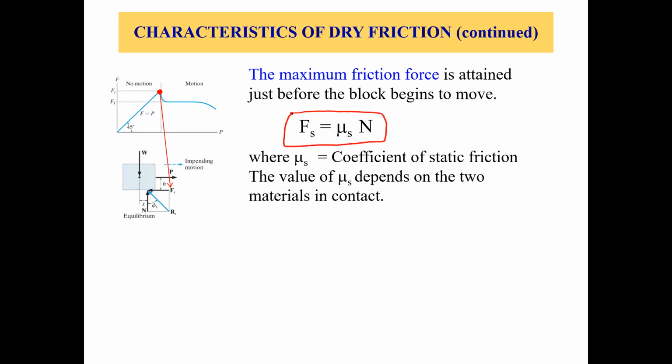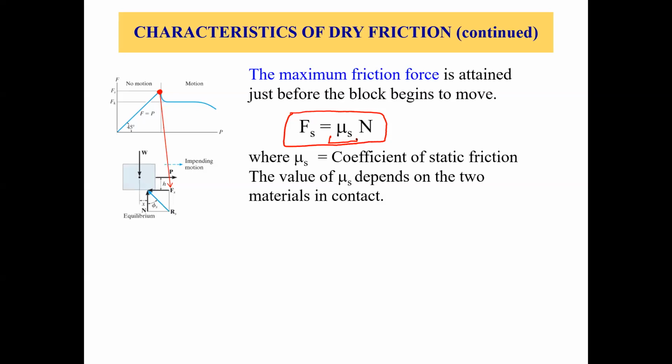Fs equals mu s times N. Now, what is mu s? Mu s is the coefficient of static friction, right? And the value of mu s depends on the two materials in contact, right? So that's how we have this relation between the static friction force, the coefficient of static friction, and the normal force.